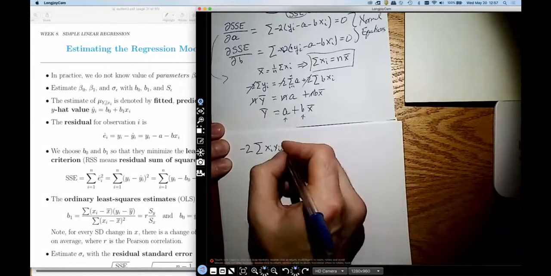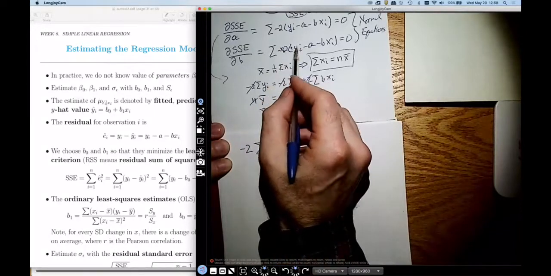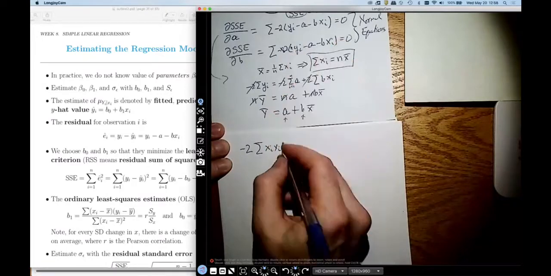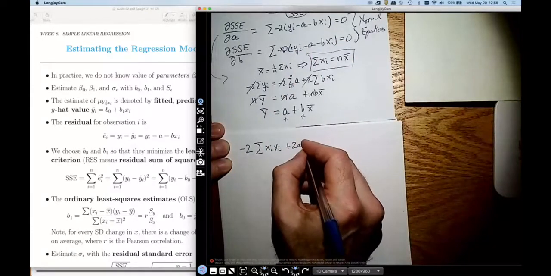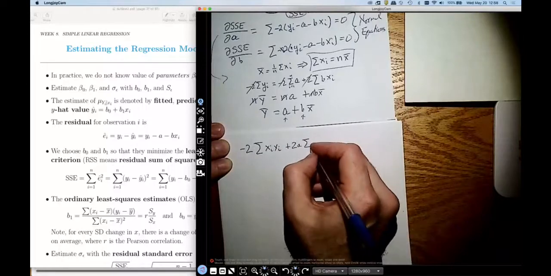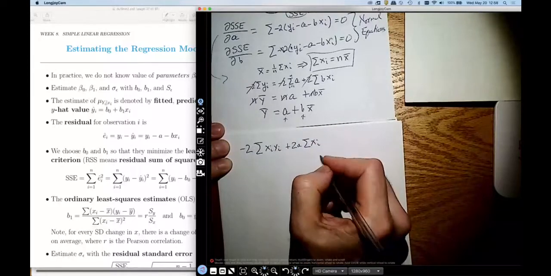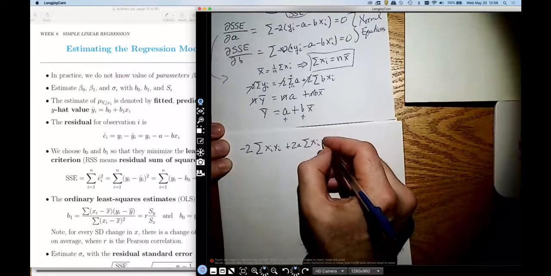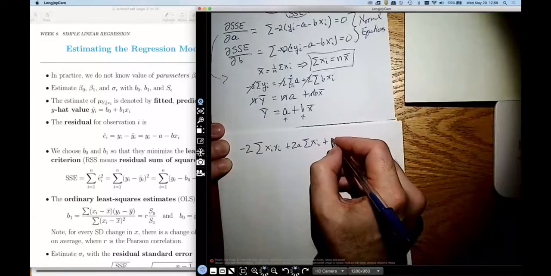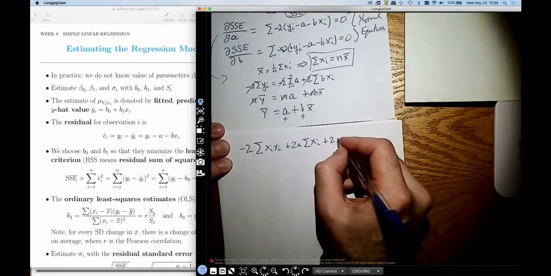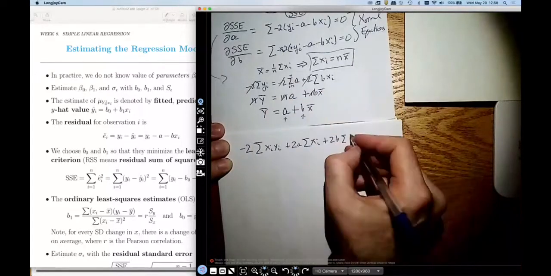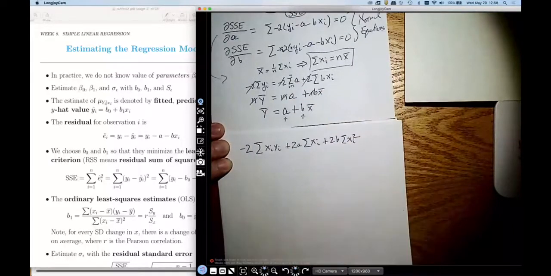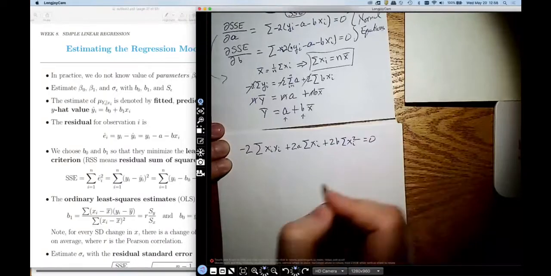And then what I really have here is, well, -2 times minus a is going to be plus 2. I'm going to pull this out, a times the sum of xi. And then what I have in this last term is 2 times b times the sum of xi squared. And this is all equal to 0.